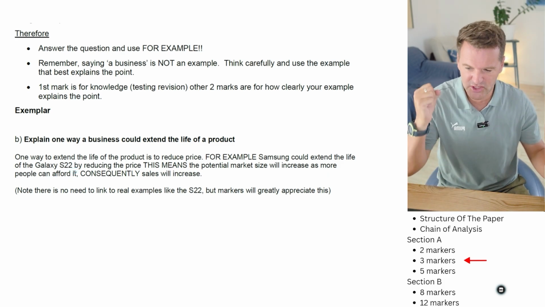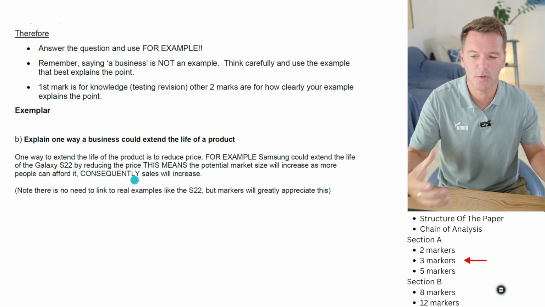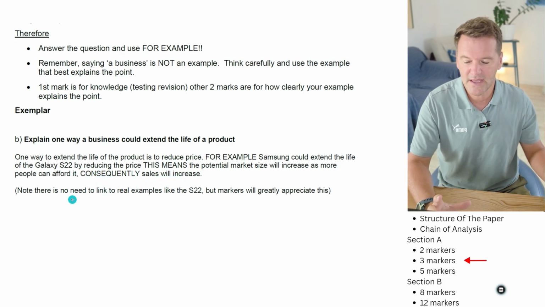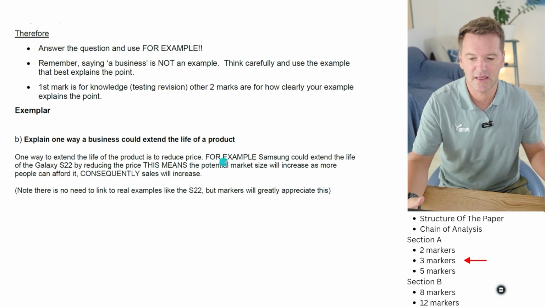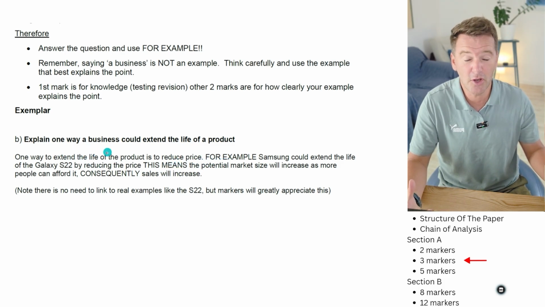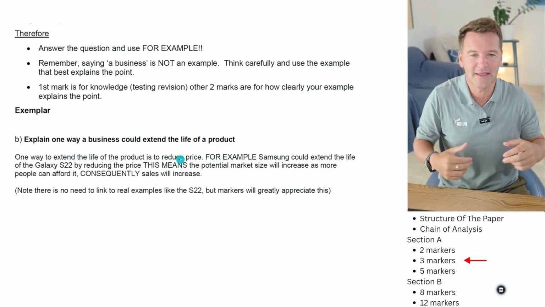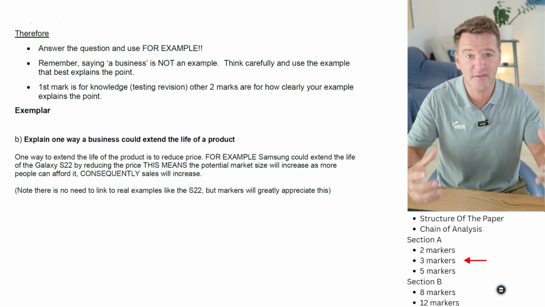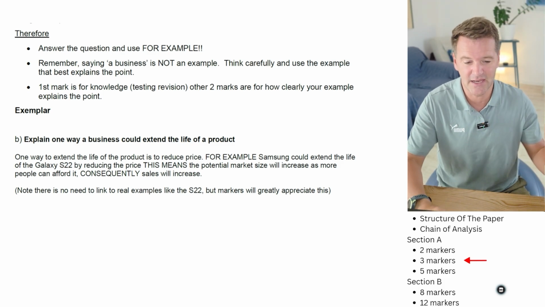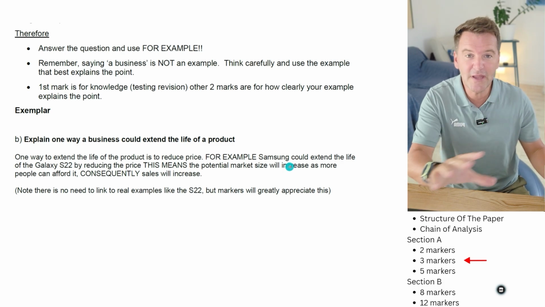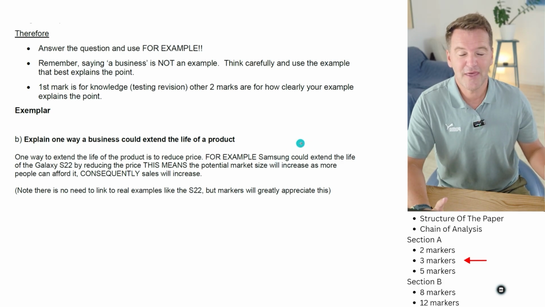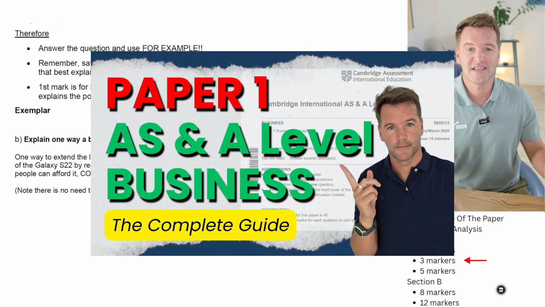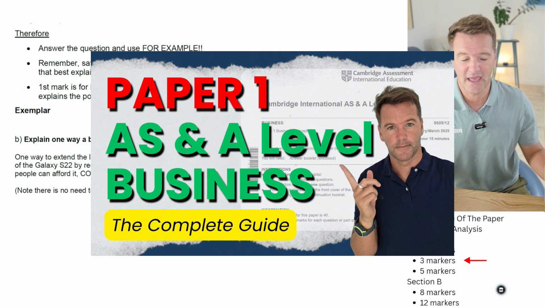Then another one, just for good measure, I put, consequently, sales will increase. Now that is going to hit the 3 marks. We're going to have the knowledge point and then the 2 application marks, which are essentially application mixed in with 2 chains of analysis points. Really weird mark schemes. They don't always help, but that's the technique you need to be following if you want to get the scores.